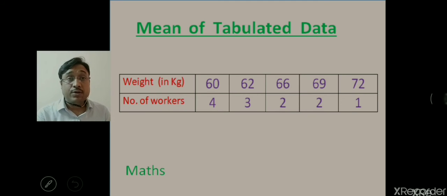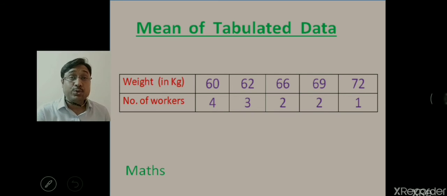Here you can see the number of workers in the given tabulated data. 60 kg is the weight of 4 workers, so the frequency of 60 kg is 4, because 60 kg occurs 4 times.